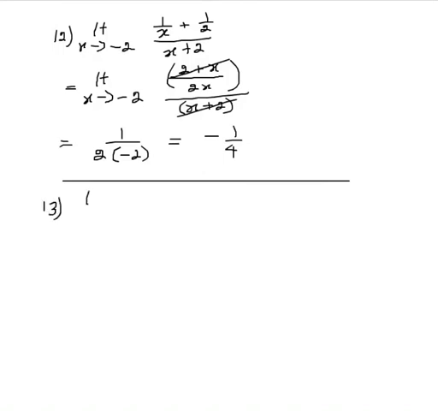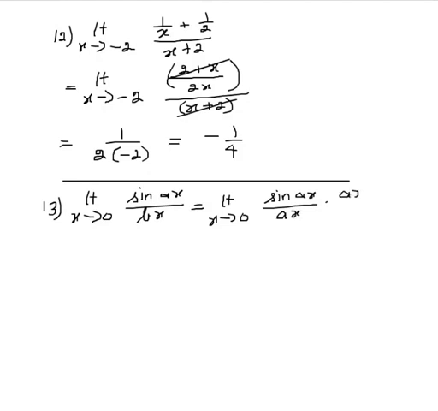Question 13. Limit x tending to 0 of sin ax divided by bx. Limit x tending to 0 of sin ax. I am dividing by ax and multiply by ax, and we have bx. We can cancel these two, or you may multiply and divide only by a.